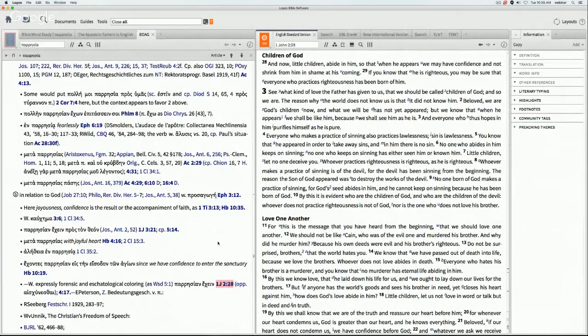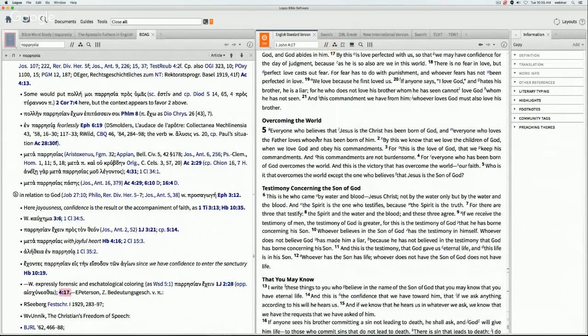Okay, so I do have a reference here to 1 John 2:28 and 1 John 4:17. And when I have my panel open to that verse, you can see that that highlights there as well. And again here, just as we saw with the TDNT, BDAG is also examining the eschatological coloring, as it calls it, or that is the coming or future sense of parousia.